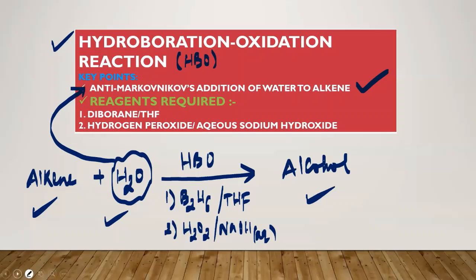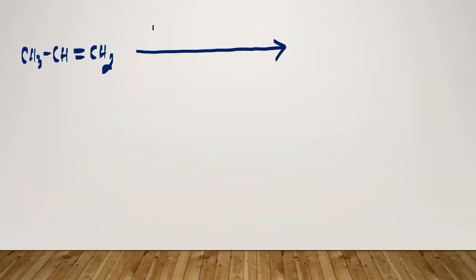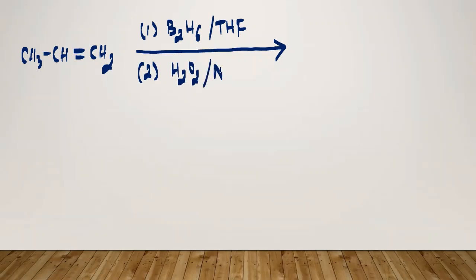So let us go for this particular reaction. Let's take an alkene, my dear friends, CH3, CH, double bond, CH2. So we are going to do the hydroboration oxidation reaction here. We have two steps. In step number one, we will be adding diborane in THF, tetrahydrofuran, and in second step we will be adding hydrogen peroxide along with aqueous NaOH.